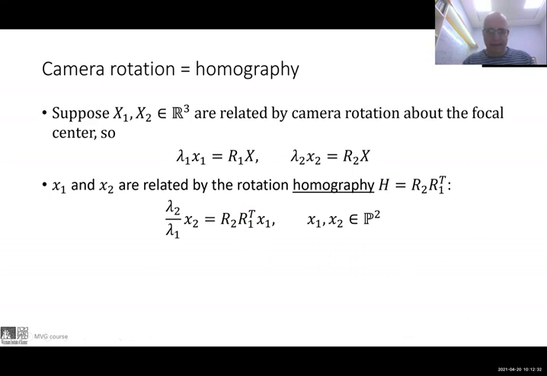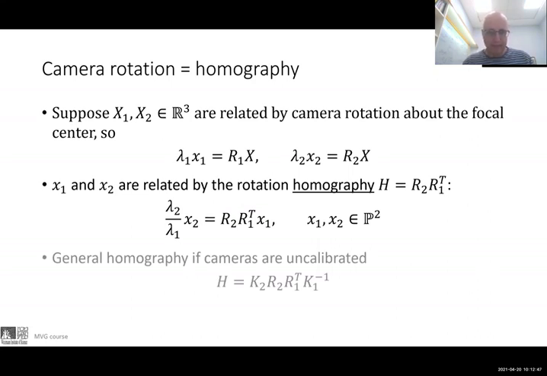And x1 and x2 are in homogeneous coordinates, and you think of this as projective spaces, projective planes.